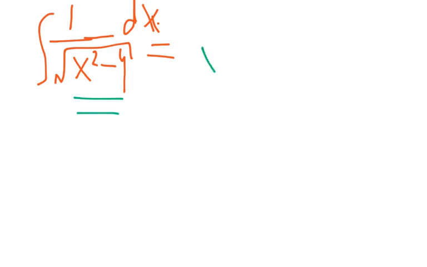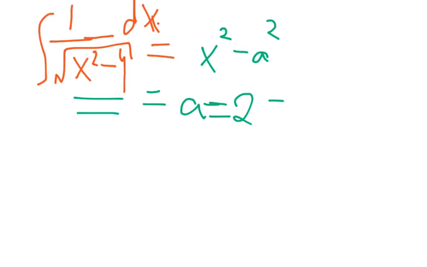Since you've got this, you need to apply the substitution. First of all, you take the square root of a, which in this case is, well, a squared is 4, then a equals 2. And then you do the trig substitution, which is the most important part. So you put x equals a times secant of theta.